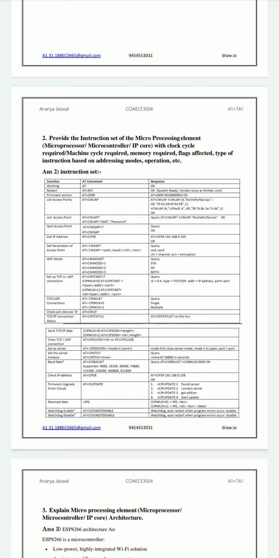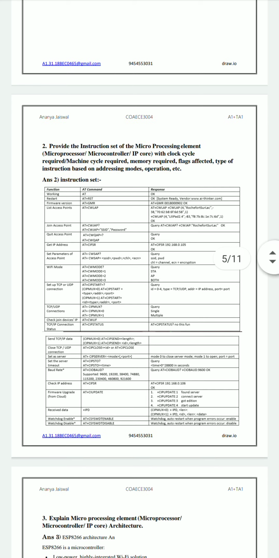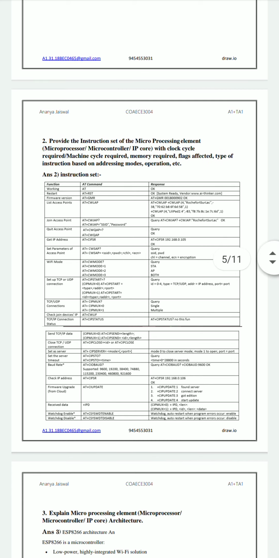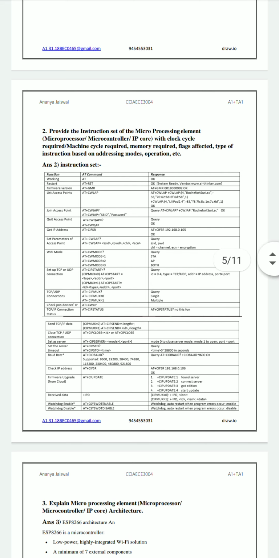So as we go through the table, we find the different functions, their following AT command for ESP8266, and how will the microcontroller respond to these set of commands. For example, if the function is working, the AT command is AT and the response is OK. The AT command for restart is AT plus RST, and again the response is OK, which means that the system is ready.